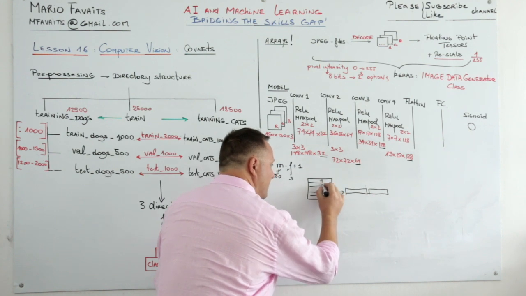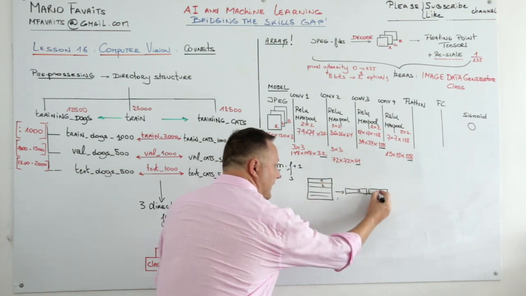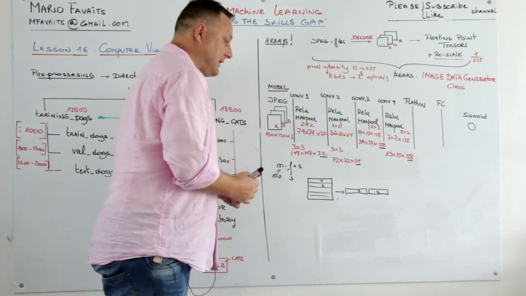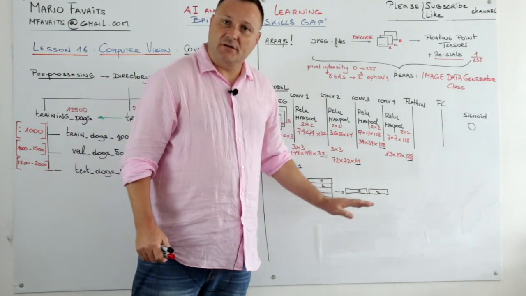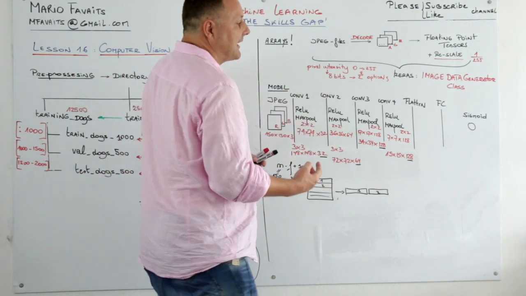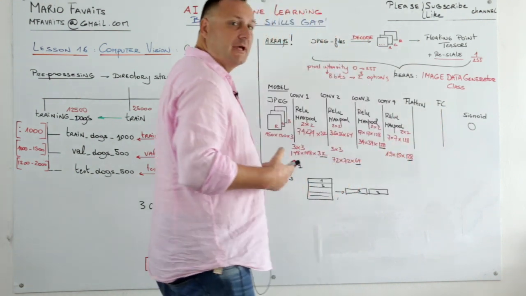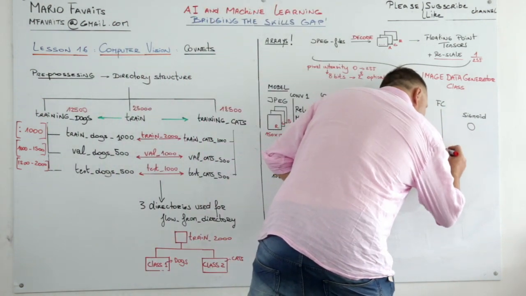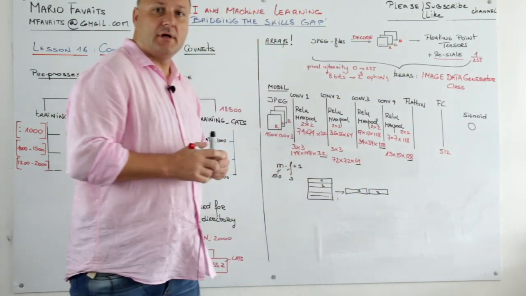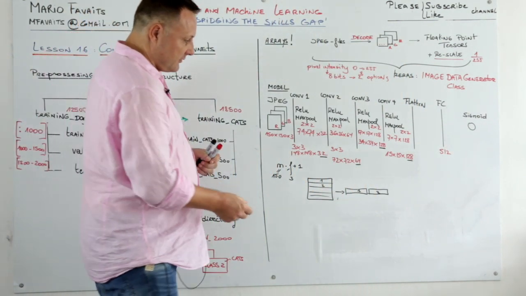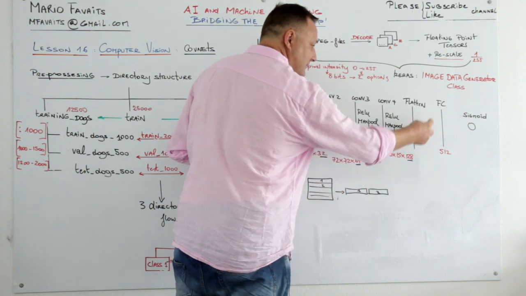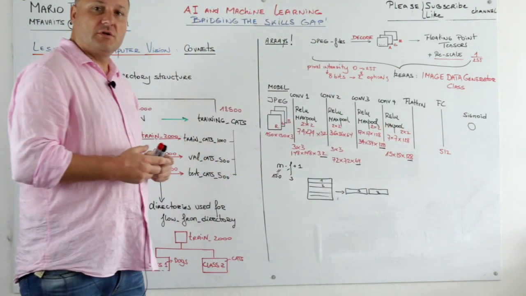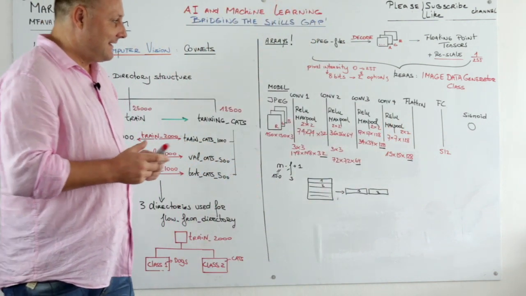If this is layer 1, this is layer 2, then you're going to convert it into a sequence, a linear structure that you can feed into the fully connected layer. And here the fully connected layer will have 512 input units.